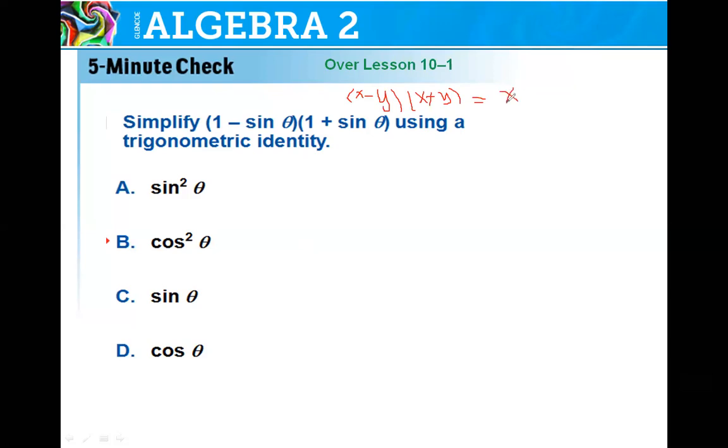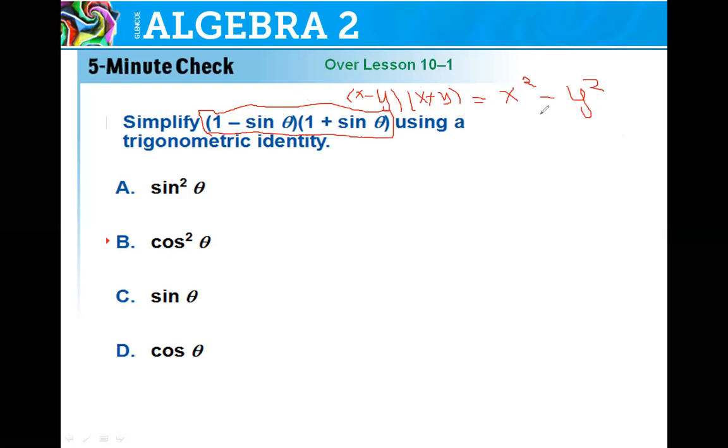It will be x squared minus y squared. So here we use 1 squared. This is a difference of two squares. If you have two brackets that are the same, but the middle sign is different.